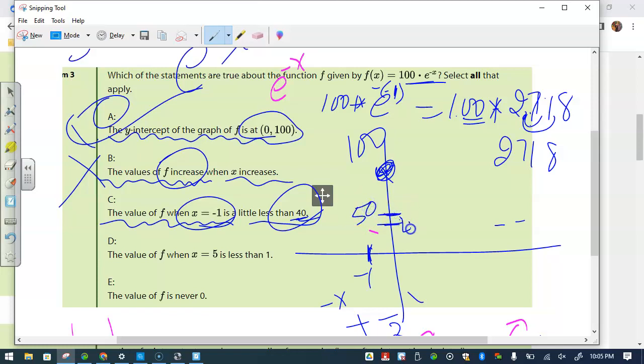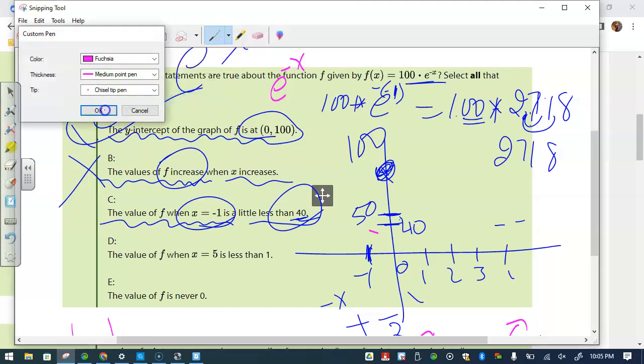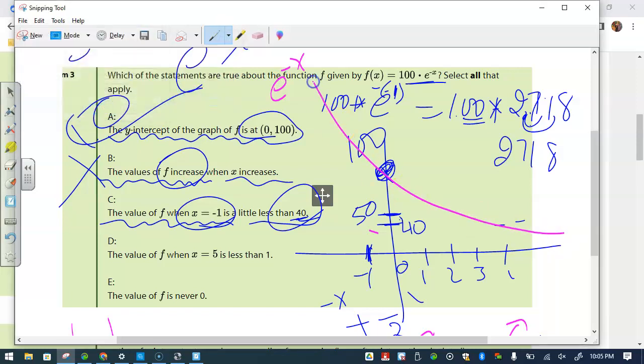So to the left of 0, the graph is decreasing. So if it is decreasing, it's like this, right? So at minus 1 it should have been up at this point. So how can you say less than 40? So that itself is stupid, right? Or you can plug in and say, hey, that number is 271 again, which is quite a bit bigger. So this is not correct.